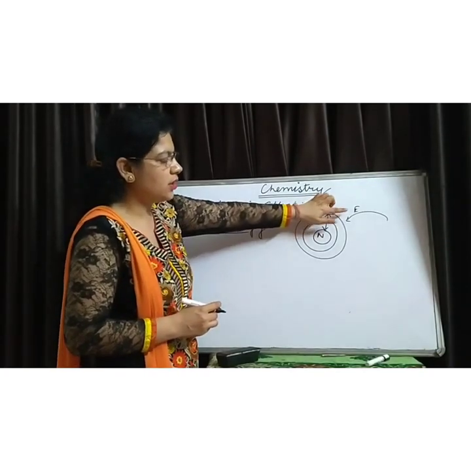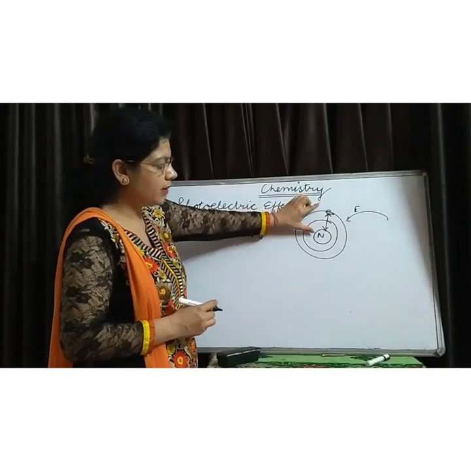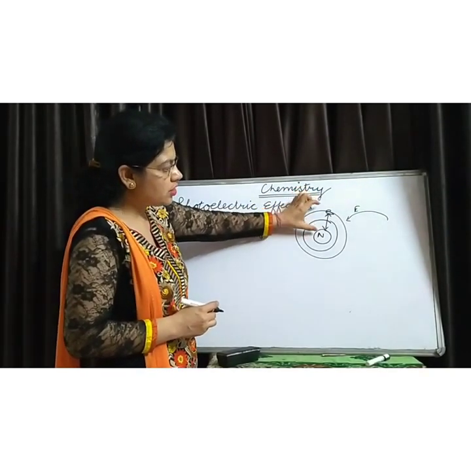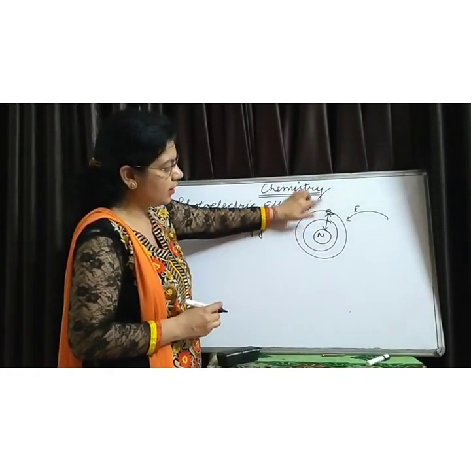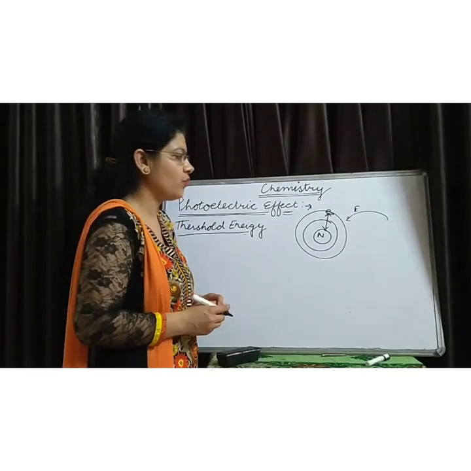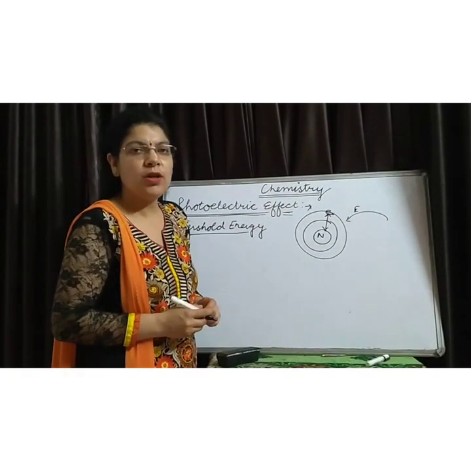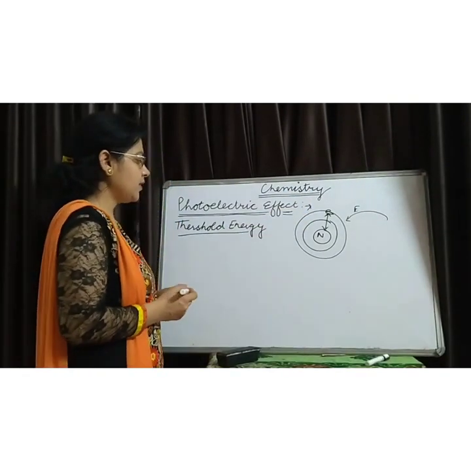Whenever the energy that we supply from the outside is greater than or equal to this force of attraction, only then will the electron be removed. Otherwise, this electron will not be removed from the surface.